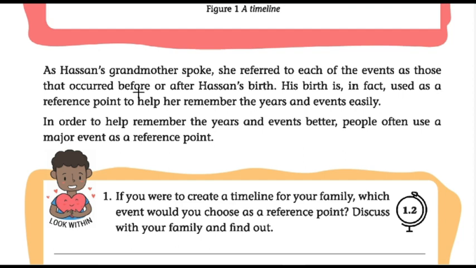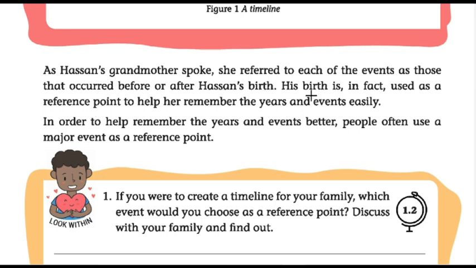As Hasan's grandmother spoke, she referred to each of the events as those that occurred before or after Hasan's birth. His birth is in fact used as a reference point to help her remember the years and events easily.